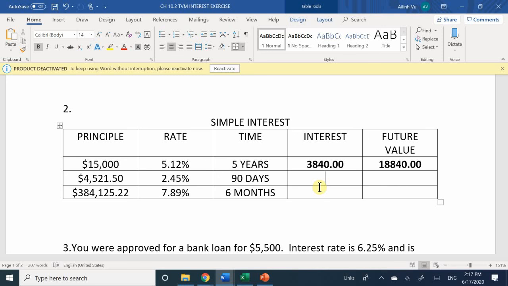Okay, so we have to multiply the principal by the rate times 2.5, one quarter, right?